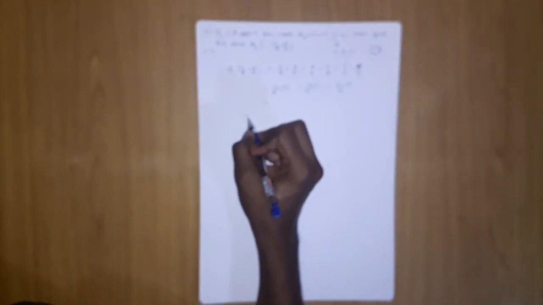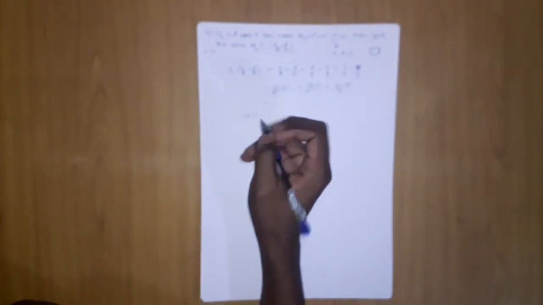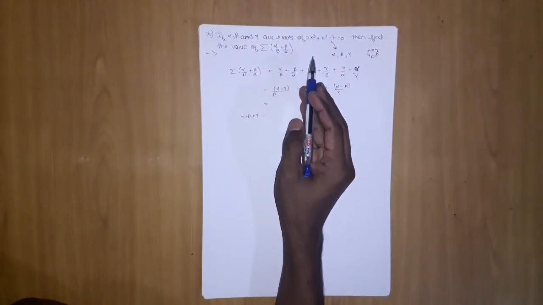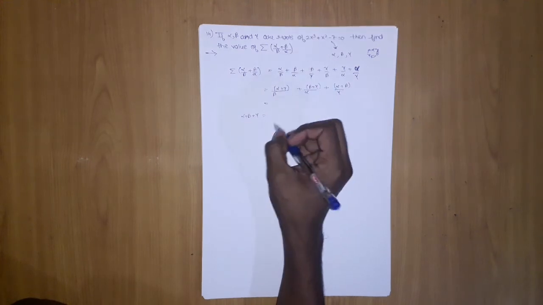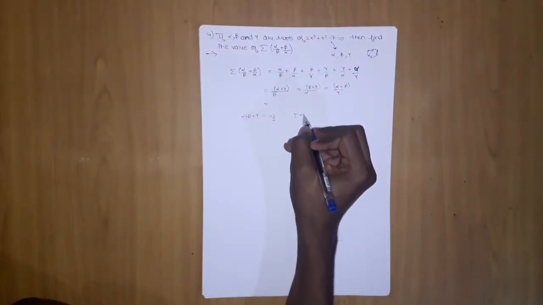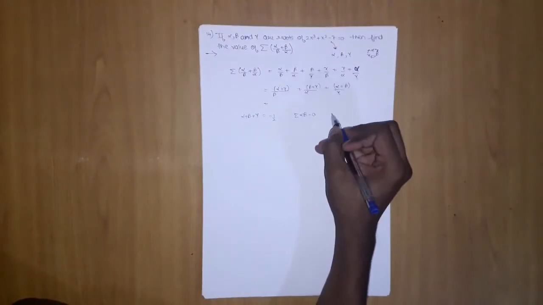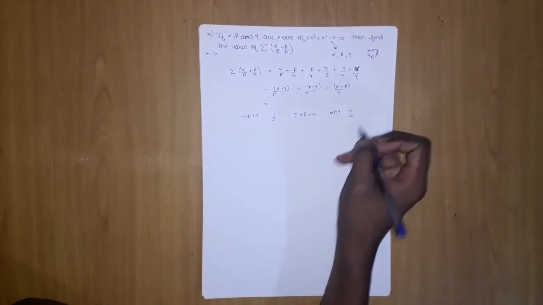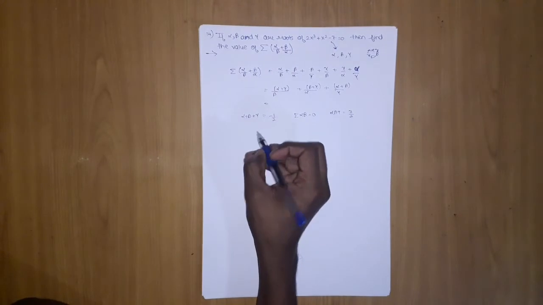So alpha plus beta plus gamma will be, one term is missing, so it will be minus 1 by 2, whereas summation alpha into beta will be 0, and lastly alpha beta gamma will be 7 by 2. Now this is important.